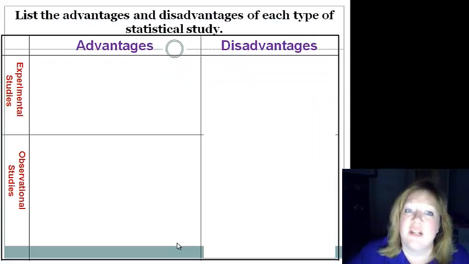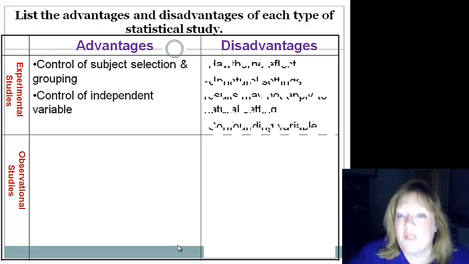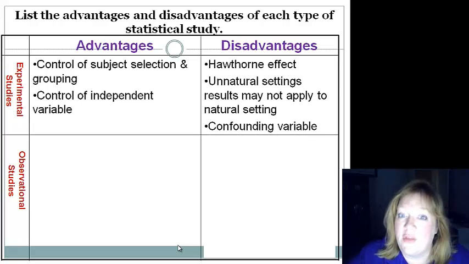Alrighty, let's talk about the advantages and disadvantages of these types. Experimental, that's where you're the control freak. Advantages are that you control subject selection and how your samples are grouped, and you control the independent variable. The disadvantages of experimental studies is that you could have the Hawthorne effect.